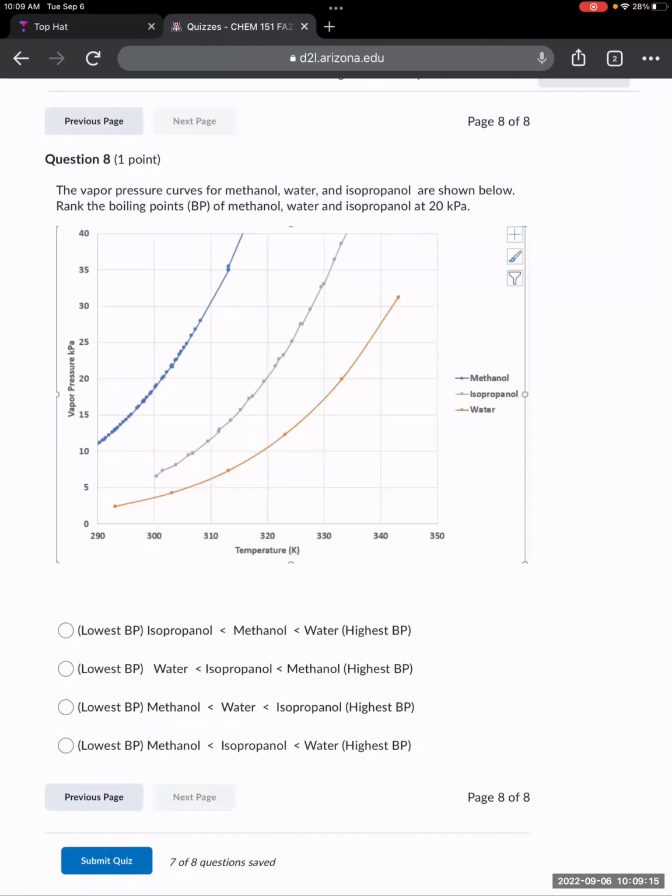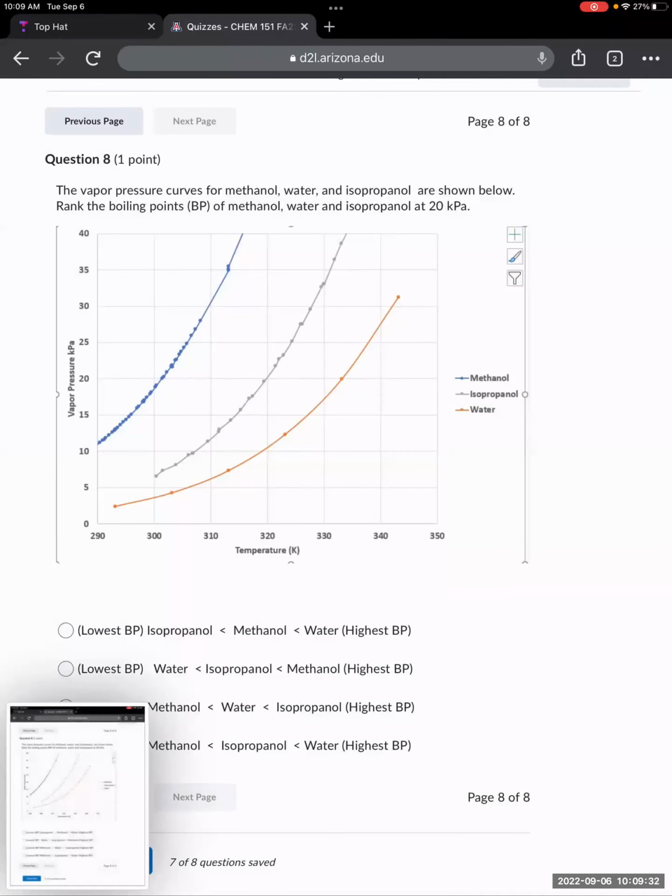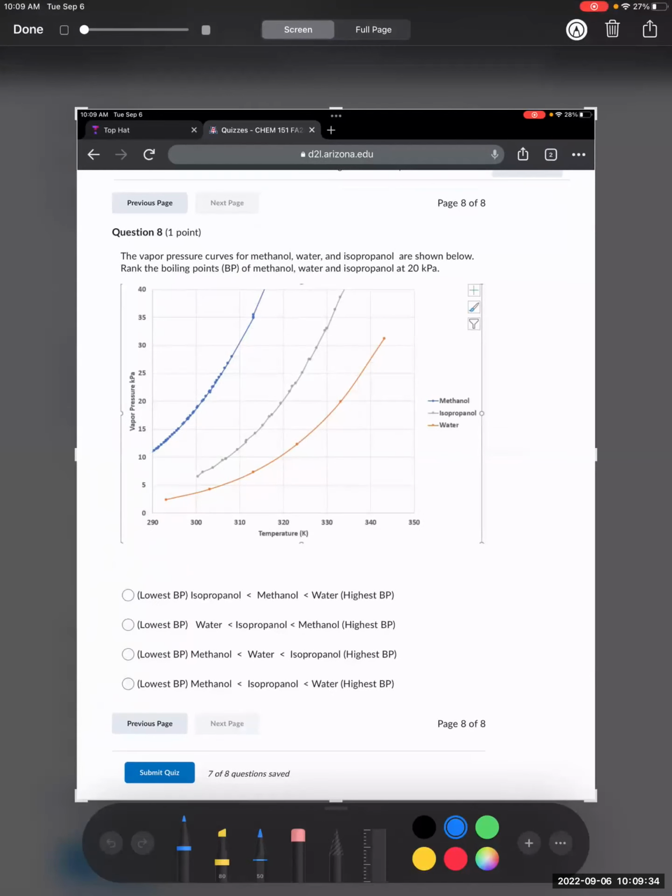Okay, moving on. Question 8. The vapor pressure curves for methanol, water, and isopropanol are shown below. Rank the boiling points of methanol, water, and isopropanol at 20 kilopascals. Anyway, here's what we have.